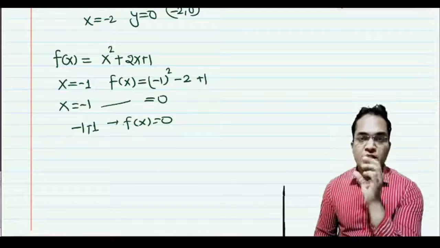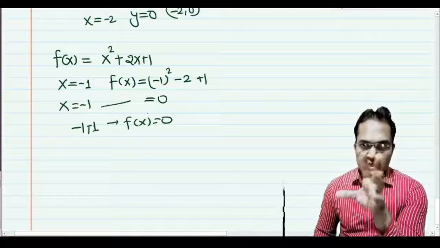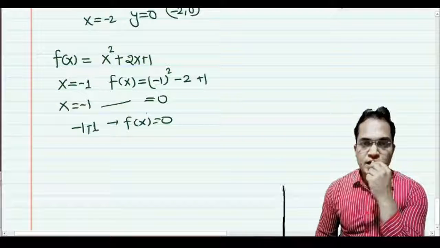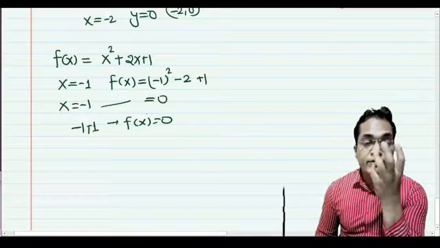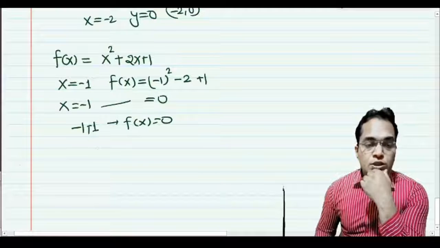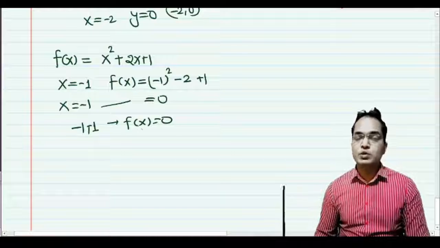Actually, as we know, a quadratic has 2 zeros because it has degree 2, and now the 2 zeros are overlapping each other.